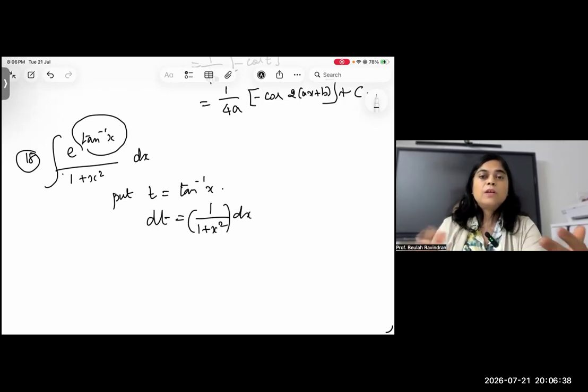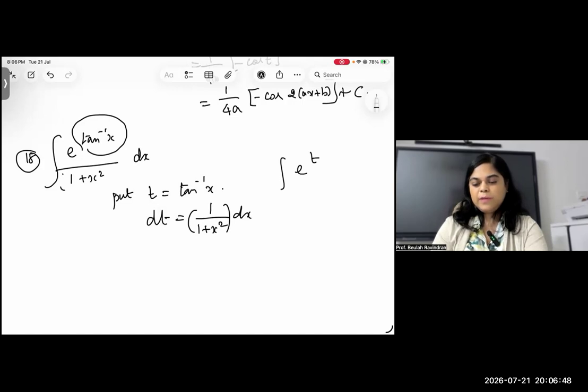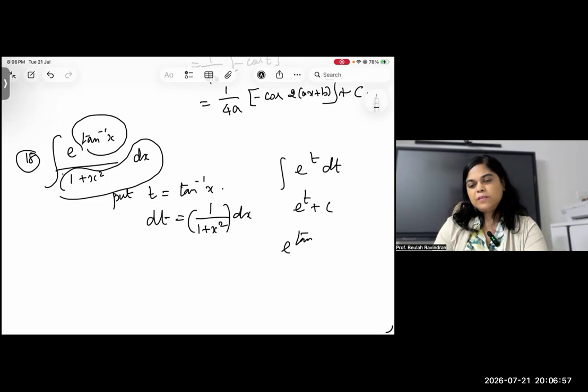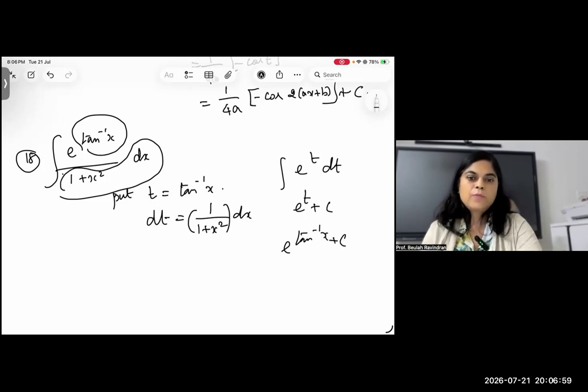In the same way you have to follow the fundamental formulas, keep them in your mind. So the integral becomes e power t dt. If you integrate, e power t plus c only. So e power tan inverse of x plus c. That is the answer for this. Likewise, you have to follow.